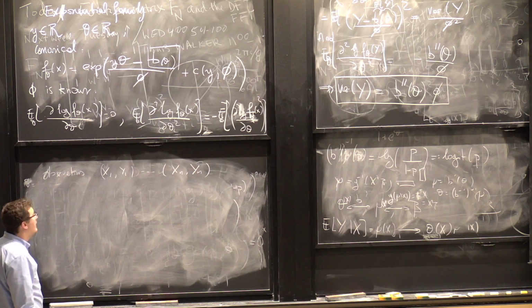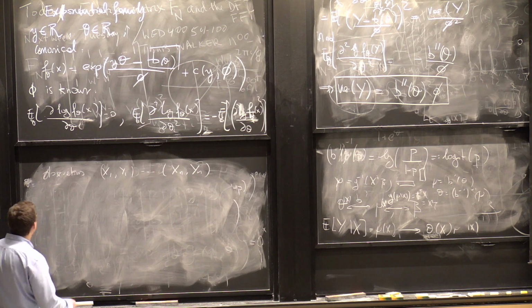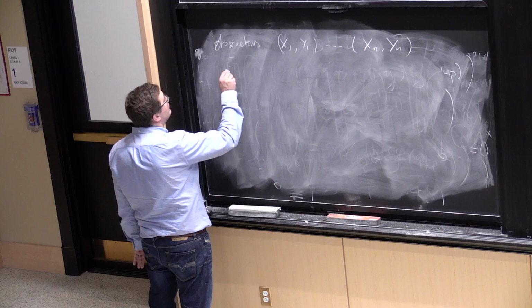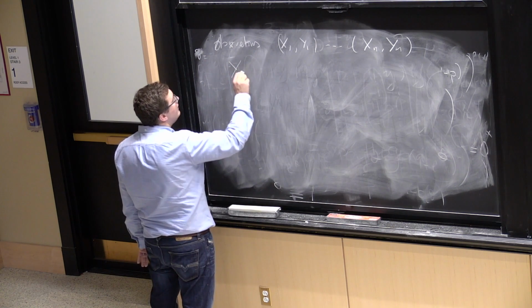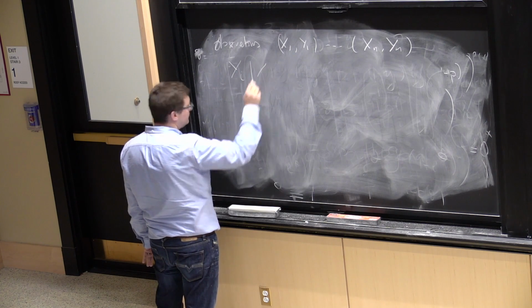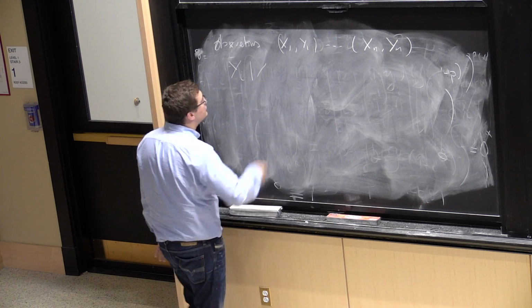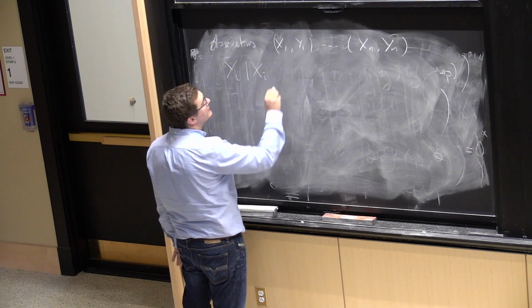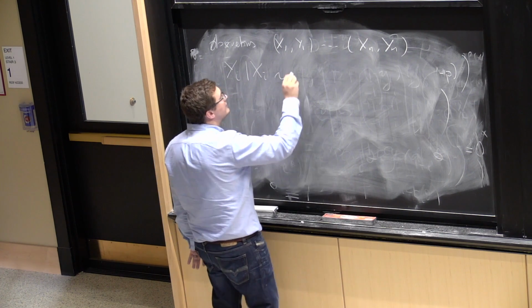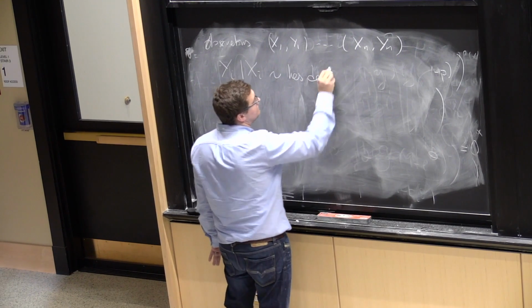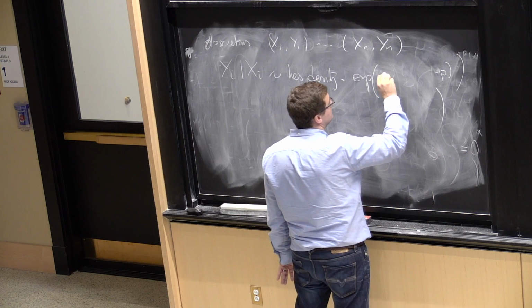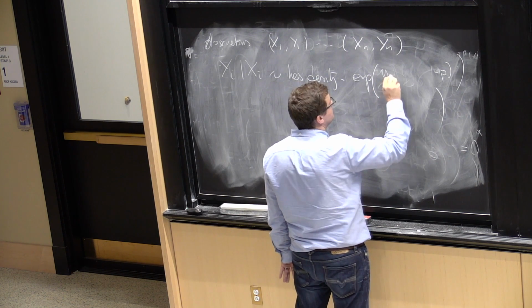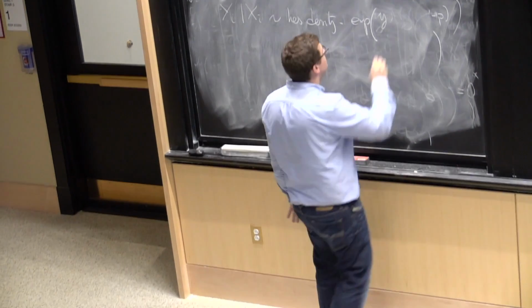So my observations are x1, y1 through xn, yn, and I'm going to assume that the conditional distribution of yi given xi has a density of the canonical exponential form. Did I put an i on y? Yeah.